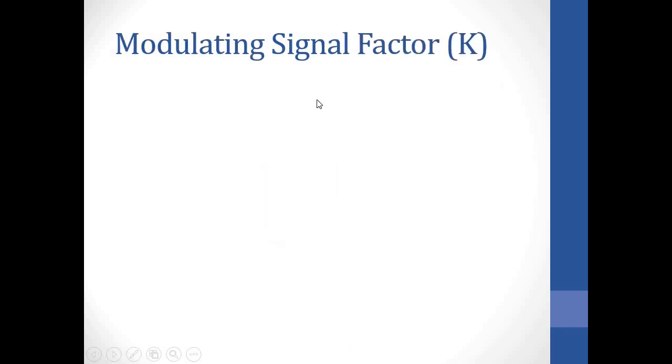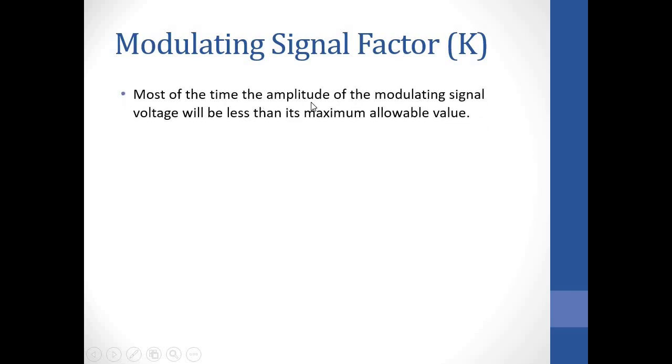So, modulation signal factor K. Most of the time, the amplitude of the modulating signal voltage will be less than the maximum allowable. We said that the maximum allowable gives you the boundary which you should not exceed. But obviously, when you are modulating, your signal will be a little bit less than the maximum allowable.